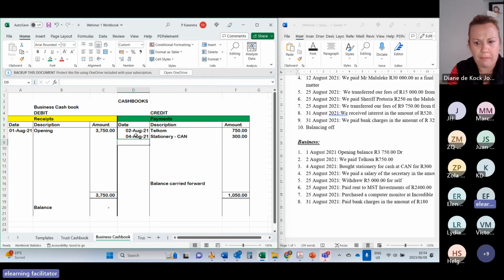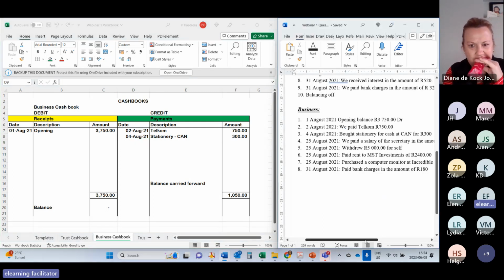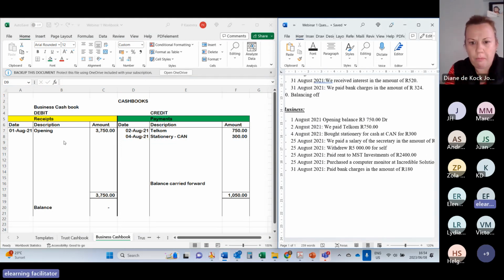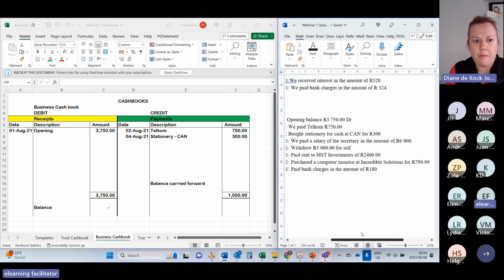How much did we spend? 300. And then 25 August. So our bank account is not so busy. On 25 August, we pay a salary for the secretary.